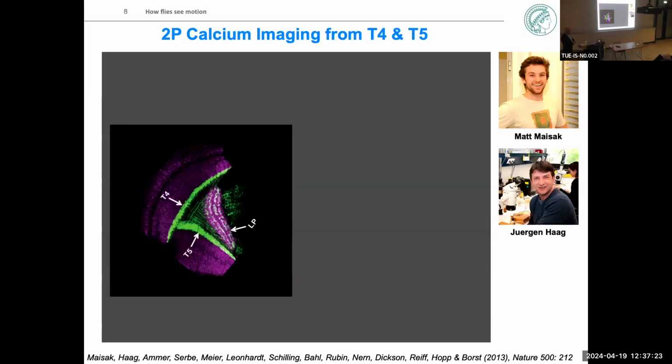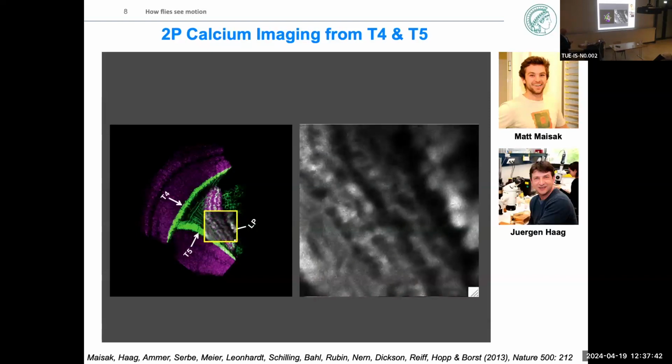And here, Matt Majzek was a grad student in the lab, and Jürgen Haag is a long-term collaborator of mine who's also here. Jürgen, where are you? They took these flies under the confocal, under the 2-photon microscope, and this is how this area looks under the 2-photon microscope. And you see anatomically already the 4 layers, 1, 2, 3, 4 of the lobular plate.